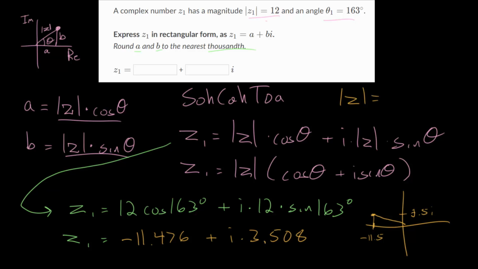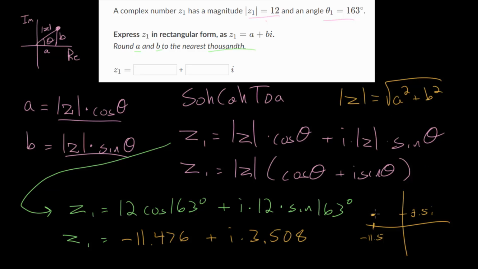And we would get the square root of the real part squared plus the imaginary part squared. And what we would find is that this magnitude of z would be 12. But that is one way to verify the magnitude.